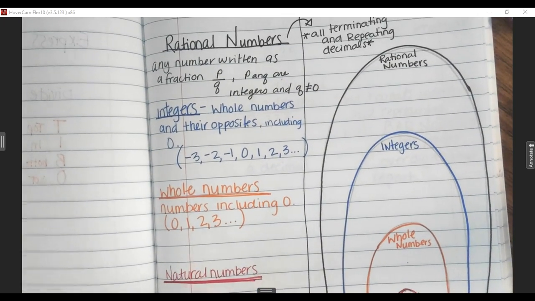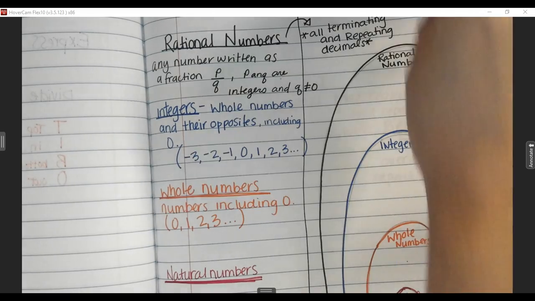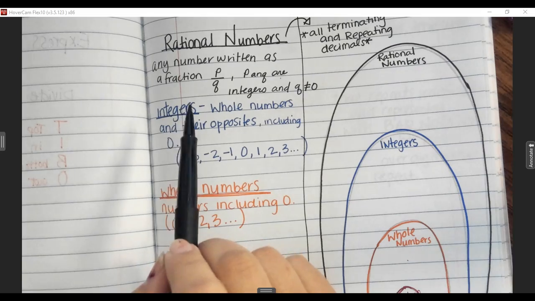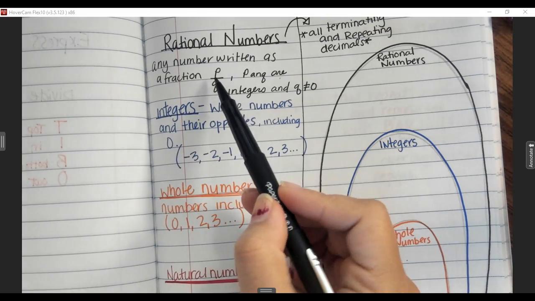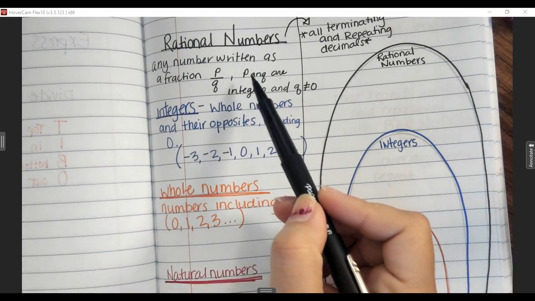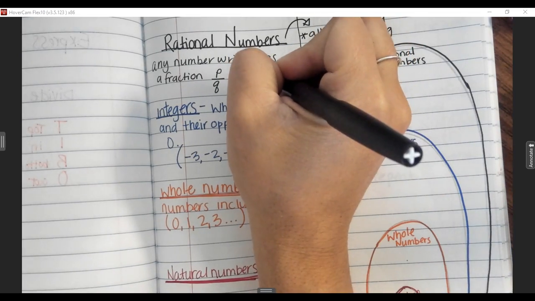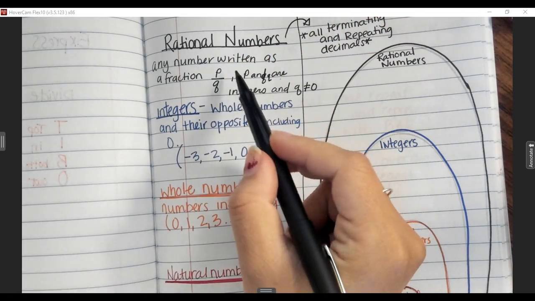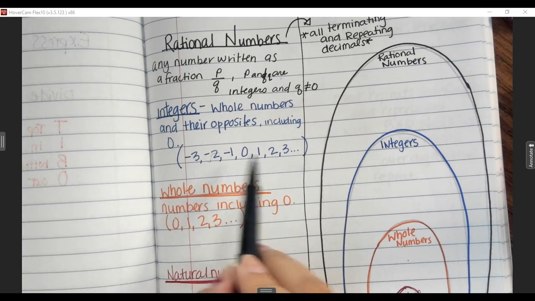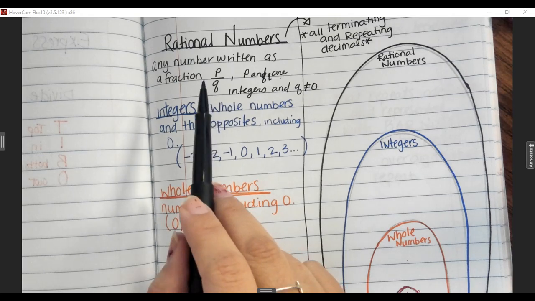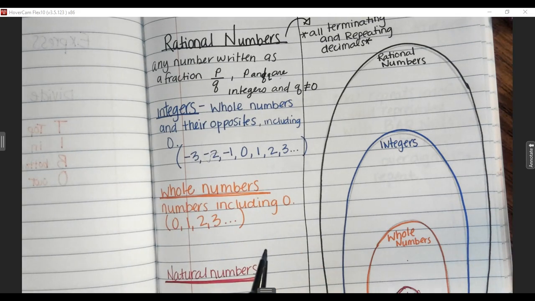Then we're looking at rational numbers. Now, rational numbers is something new. A rational number is any number that can be written as a fraction. For example, p over q. So p and q can be integers. Okay, so it can be any of these numbers written as a fraction, but q cannot equal 0.